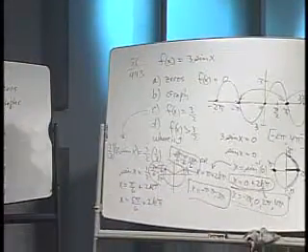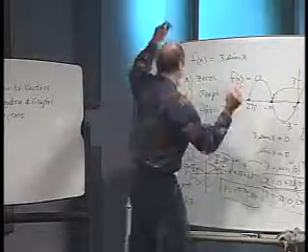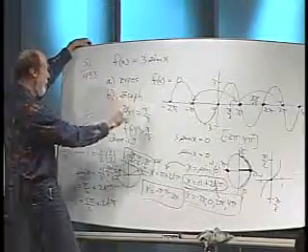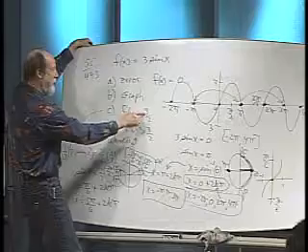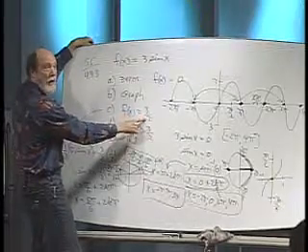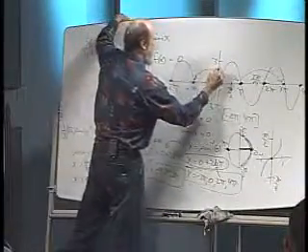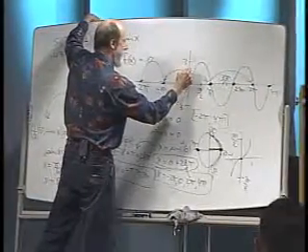Now, up on the graph, we want f of x equaling 3 halves. 3 halves is half of 3.